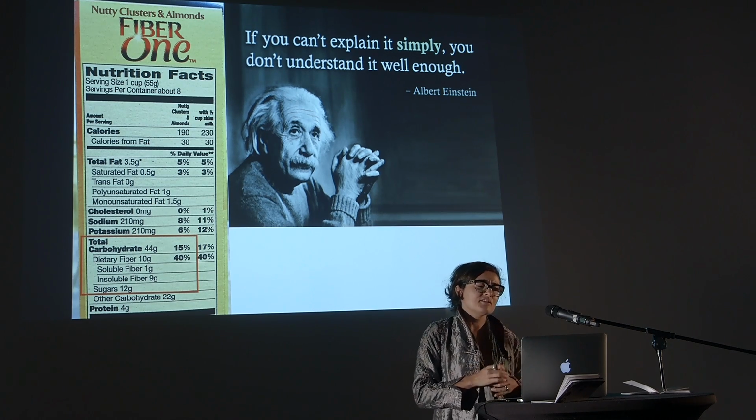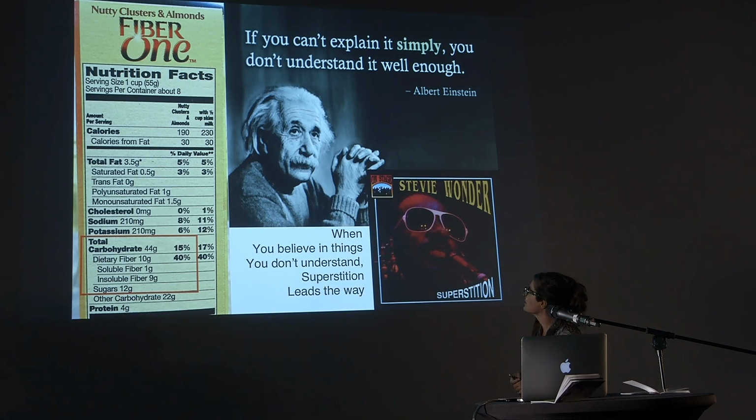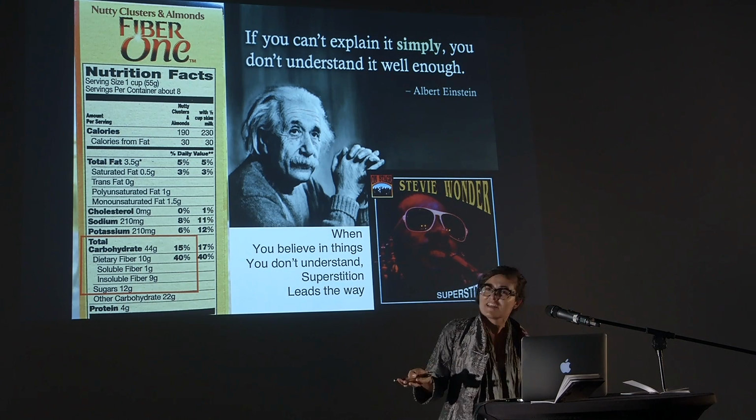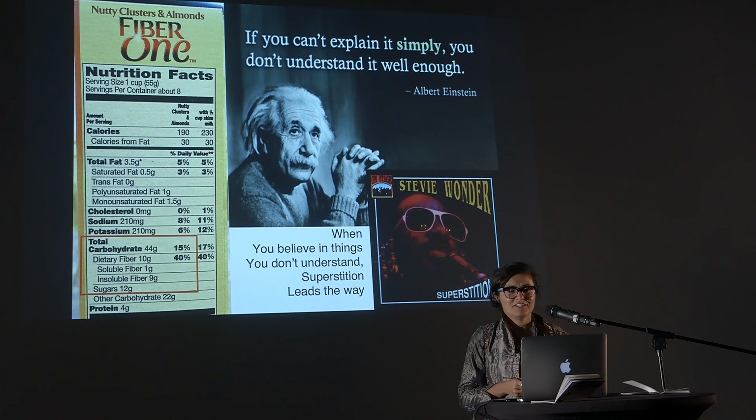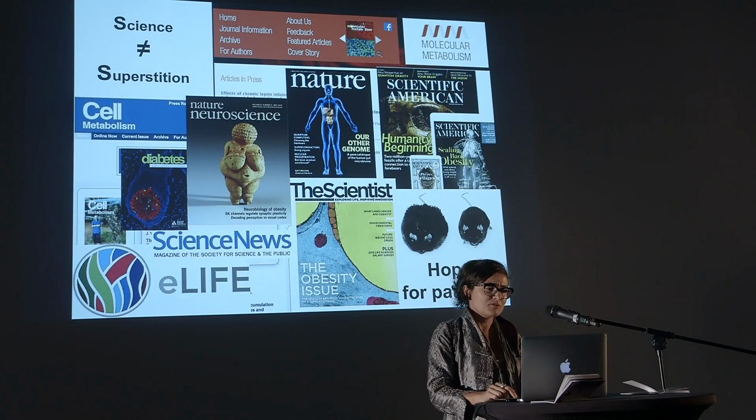And if you don't understand something well, there's an artist that said very wise things: if you believe in things that you don't understand, that's superstition. Science is not about superstition.